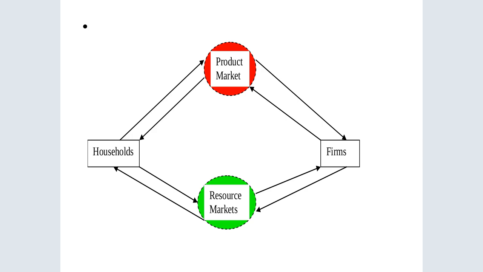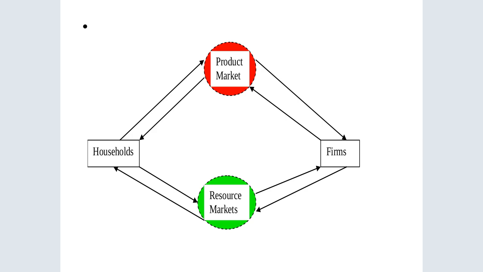The households and the firms interact through two markets. We have the product market, and we also have the resources market, which is the factor market.